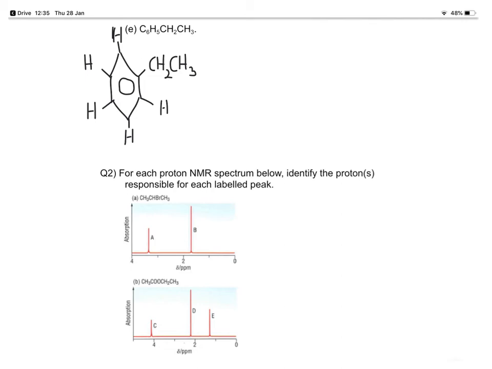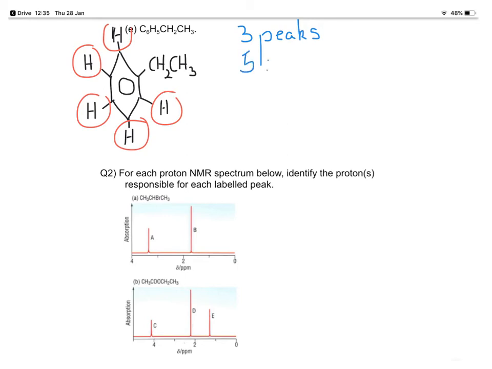Now we're looking for groups of equivalent hydrogens. So I'm hoping that you see that these 5 that I'm going to circle are all in the exact same chemical environment. They are chemically equivalent. So therefore I'm expecting 3 peaks, and I'm expecting these peaks to be in the ratio 5 to 2 to 3.